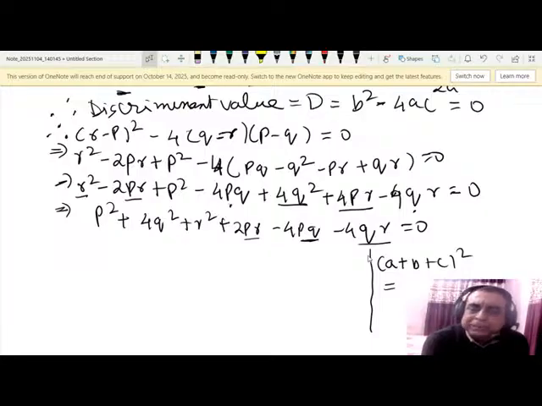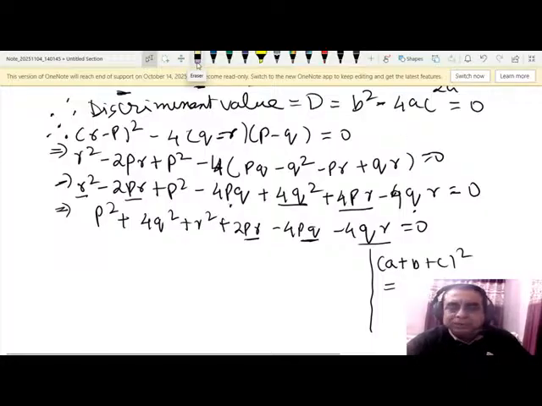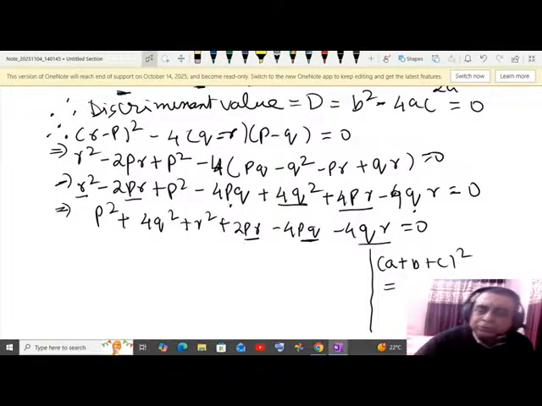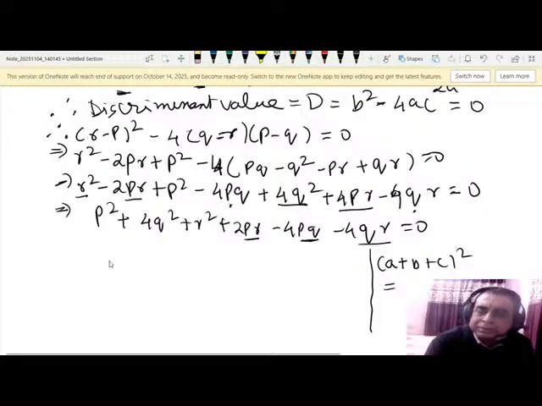So p and r should be of the same sign, and q will be of a different sign.